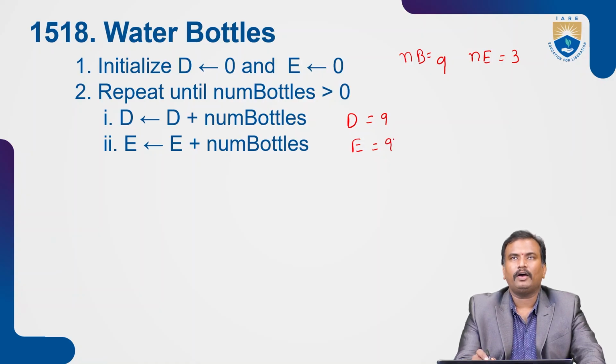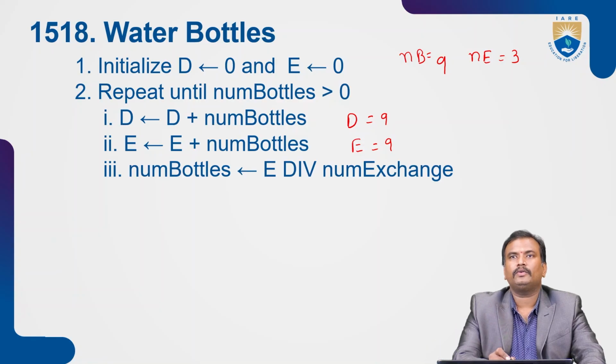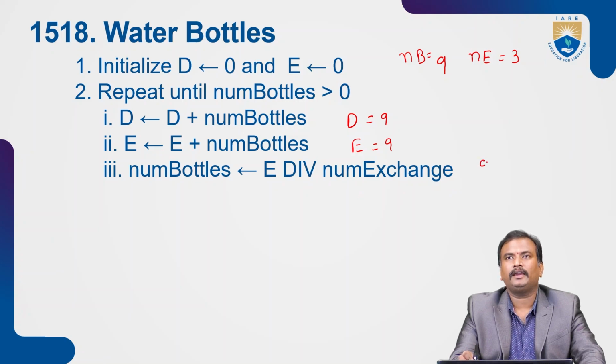Okay. And now we are going to use our division operator, that is we need to reduce the number of bottles. How are we going to reduce? We need to exchange the empty bottles with the number exchange, that is E divided by number exchange, that is 9 divided by 3, which gives 3.